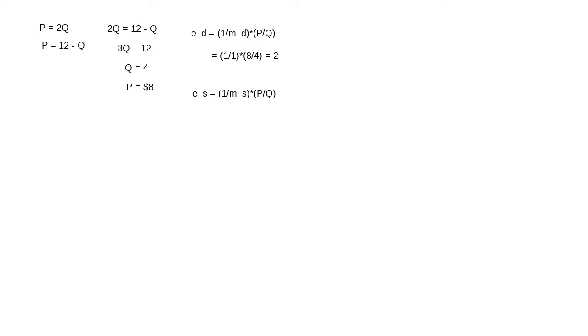So we have 1 over 2 times 8 over 4, which is 2, and so this will be equal to 1. And so the answer should be B. Elasticity of demand is 2, and elasticity of supply is 1.